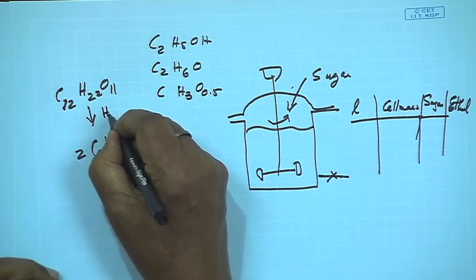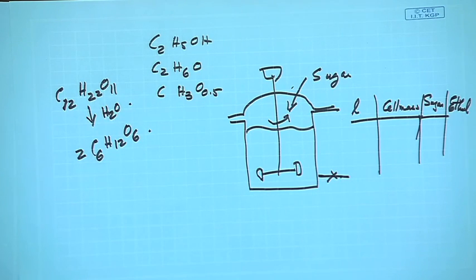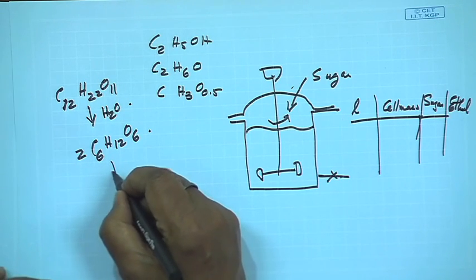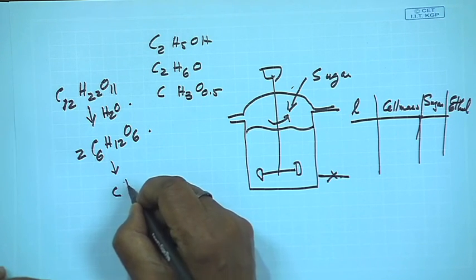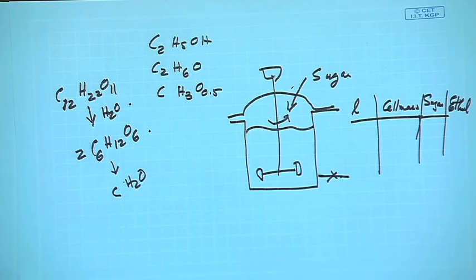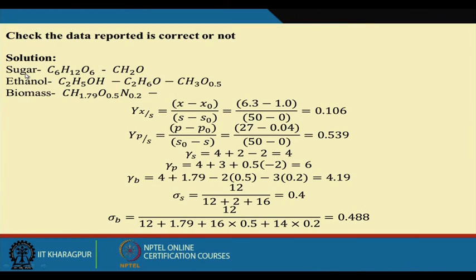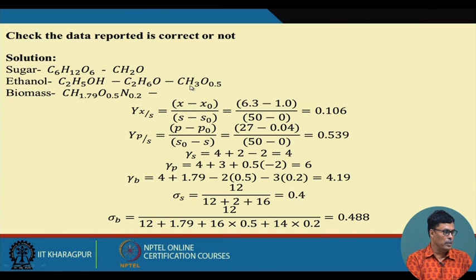So initially this is considered a carbohydrate, CH2O. This is the empirical formula we write. In the case of sugar it is CH2O, ethanol is CH3O0.5, and biomass is per gram atom carbon. What is that we find out.